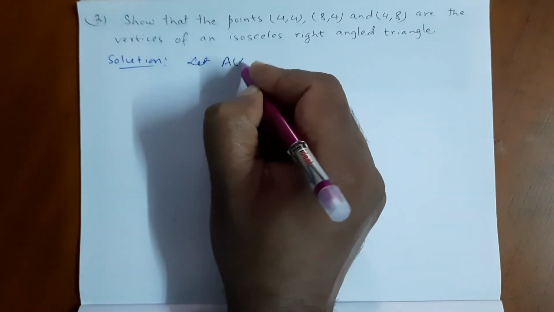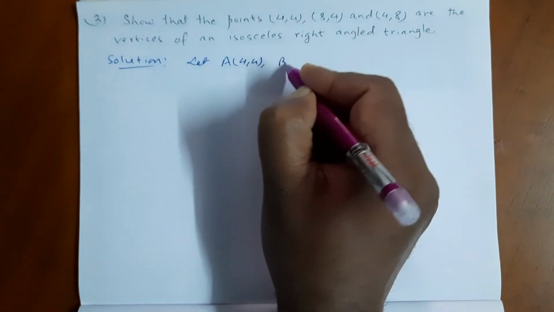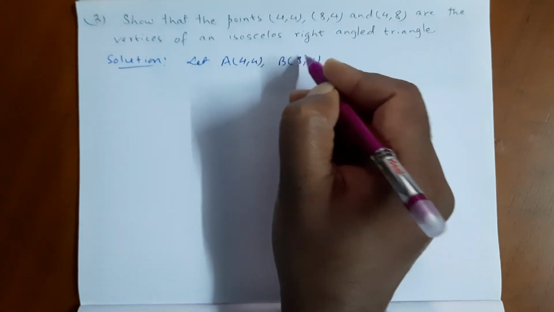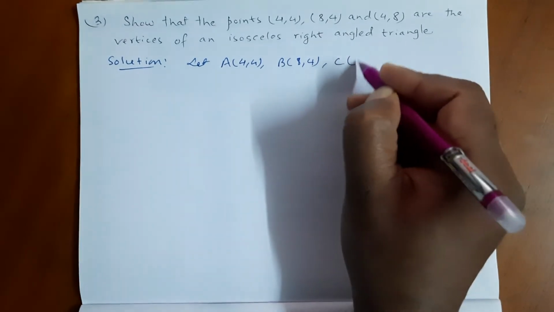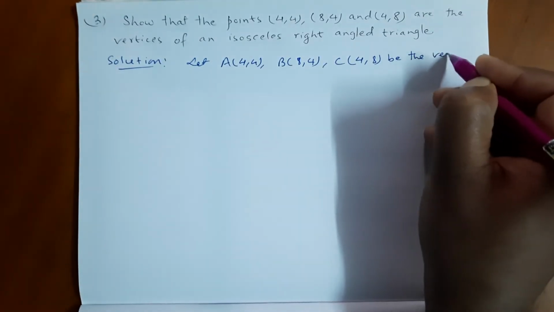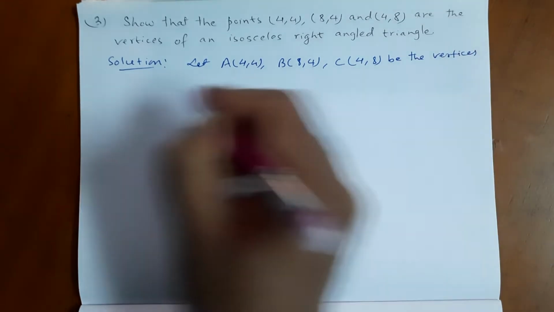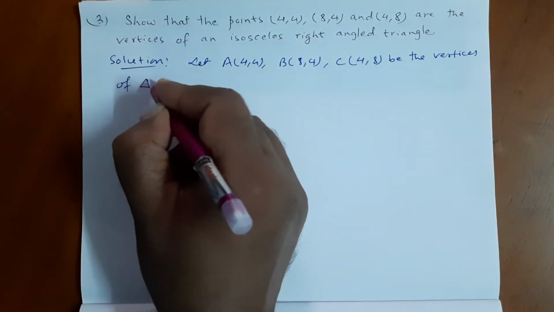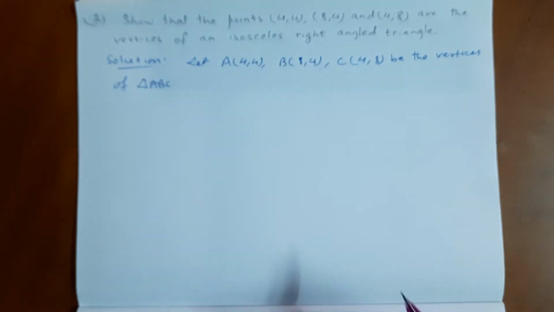let A (4, 4), B (8, 4), C (4, 8) be the vertices of triangle ABC.